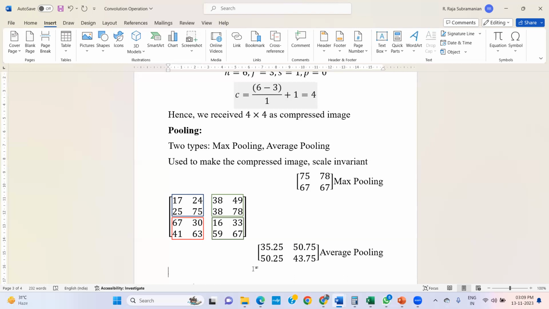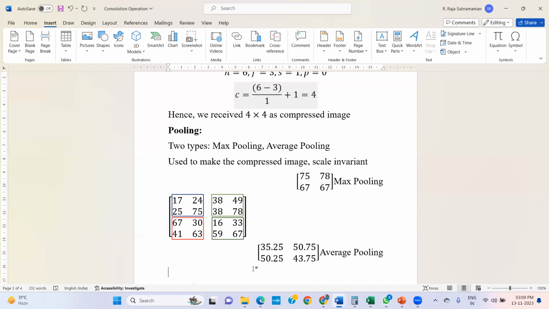Max pooling is used in contexts where the most dominating pixel alone should be taken into consideration rather than other pixels. Some pixels are less contributing or less dominating. So the most important pixel, the maximum value holder, alone will be taken into consideration during compression. That is what max pooling says.